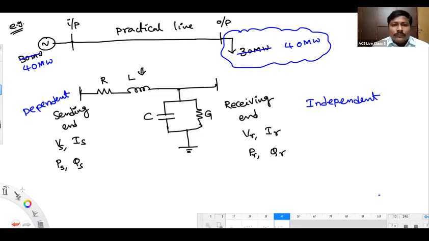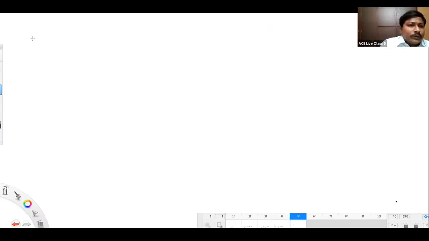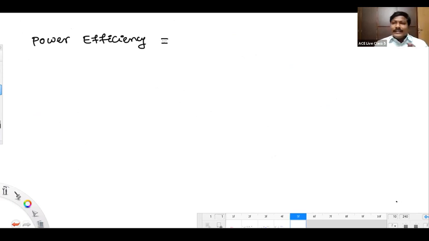Next, let's move on to the definitions of power efficiency and regulation. The first term I'm going to take up is power efficiency. It's a very simple one: output power by input power. Or else you can say output power by output power plus power loss.